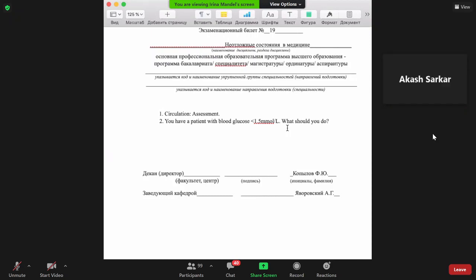Professor, if someone has a blood glucose level this low, 1.5 millimole per liter, I think the patient will go into seizures, like it's below 30 milligrams per deciliter. So it should cause more seizures and unconsciousness, right?